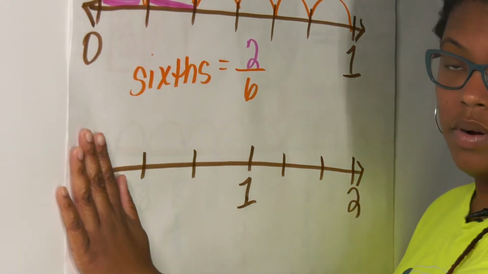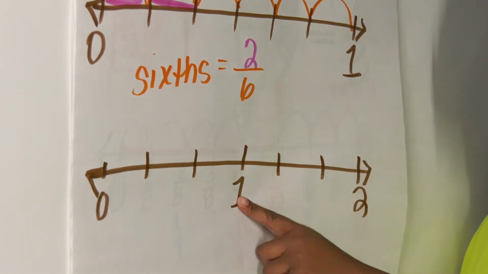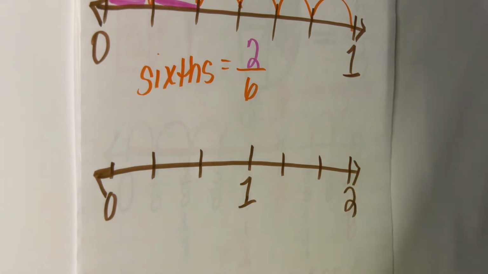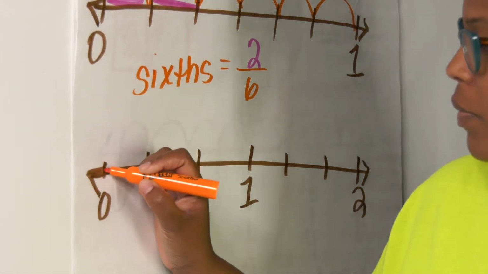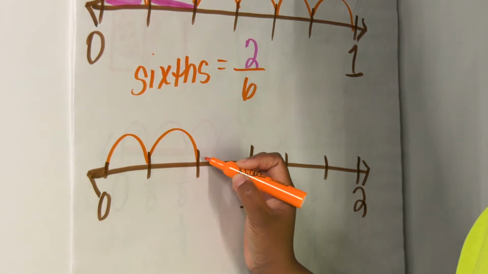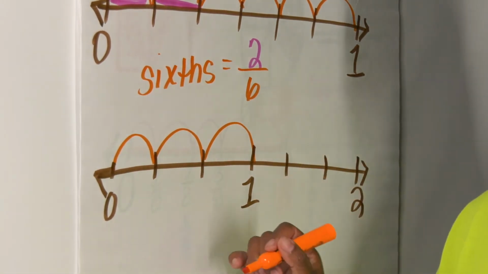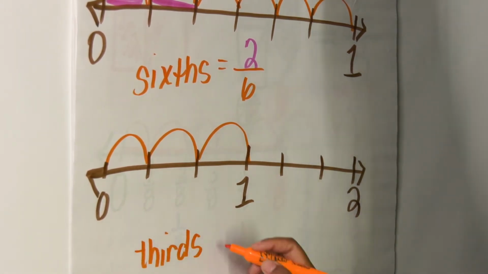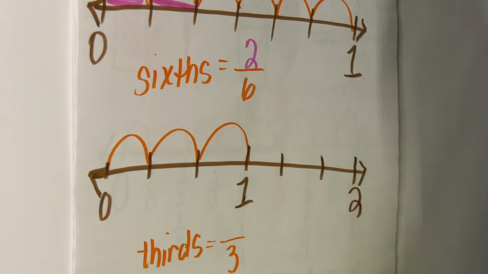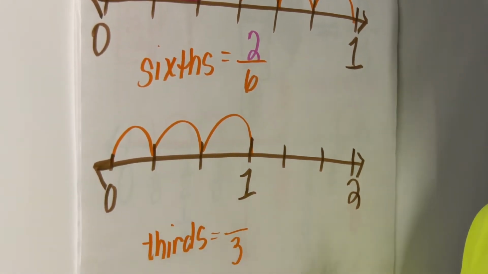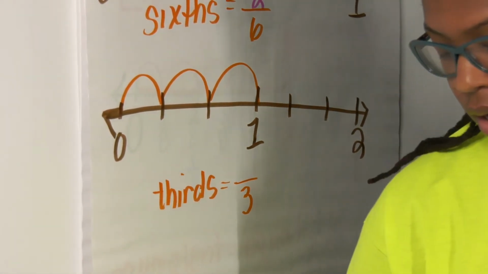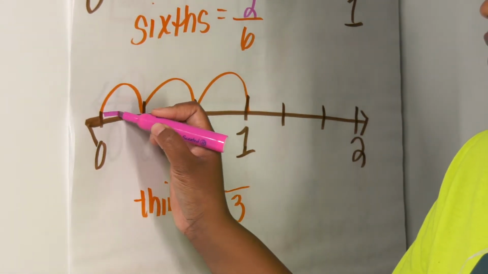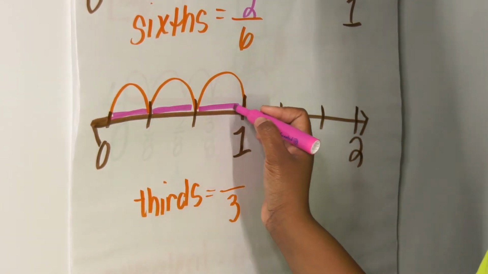And if you didn't have a 0 on your number line, the concept would be how many hops you are hopping from one whole number to the next whole number. So let's find out how many times we are moving. 1, 2, 3. So this number line is also in thirds, which means 3 is my denominator.